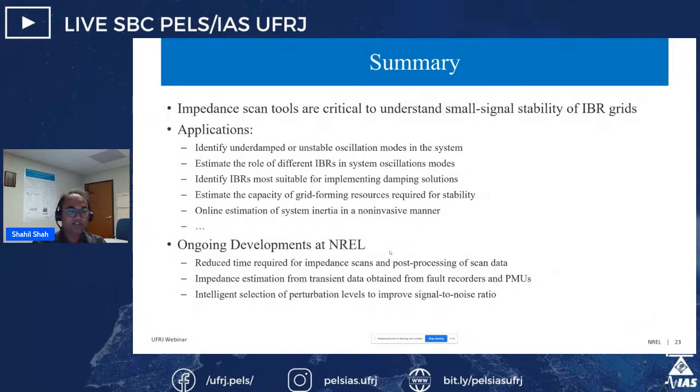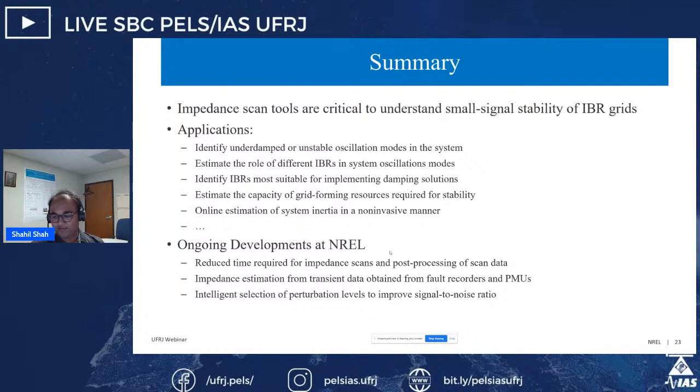So with that, I would like to summarize: the impedance scan tools are critical to understand small signal stability of IBR grids. I started working on these tools back in 2012 when most control interactions were local in nature. As I said, in 2014, there was interaction between an offshore wind plant and HVDC.